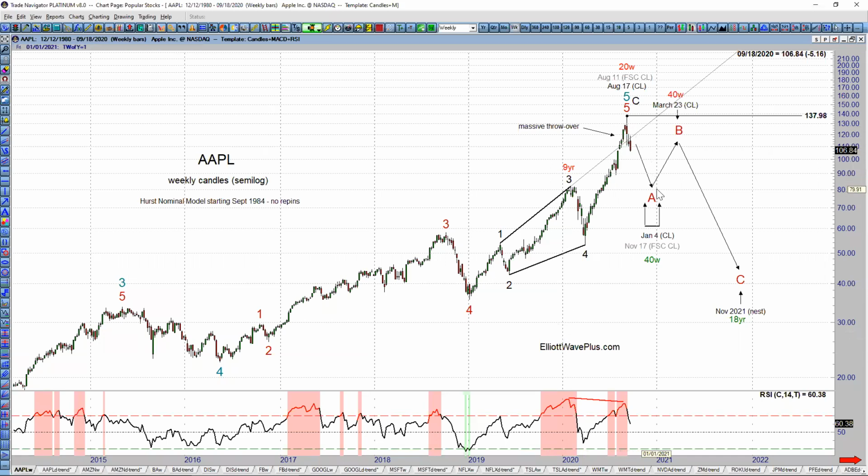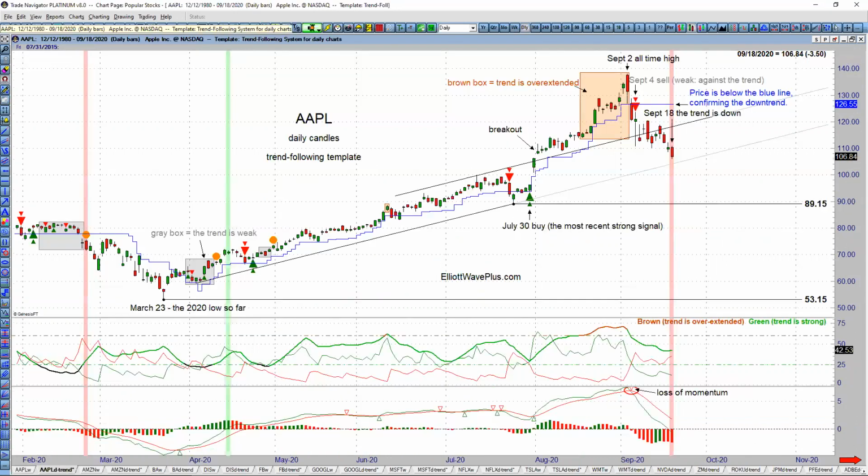I think this is the beginning of a correction down, and it's going to move down, just like almost everything else, down into November. Actually, the composite line says that it won't bottom until Jan 4. It's the FTSE cycle program down from August 11th through November 17th. So there's the window. It's in the fourth quarter.